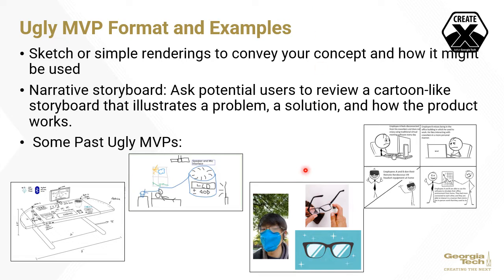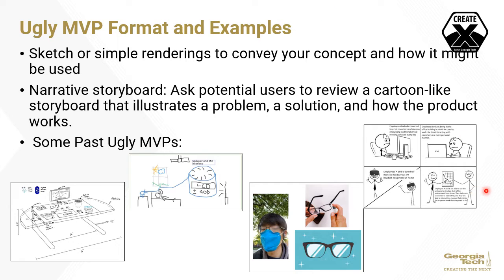And over here we've got the third MVP. It's anti-fog glasses, spray in a bottle. So it's a trendy bottle. Thesis: people who wear glasses that fog up due to wearing a mask will buy this product to stop fogging glasses. And then over here, this is an example of a storyboard.